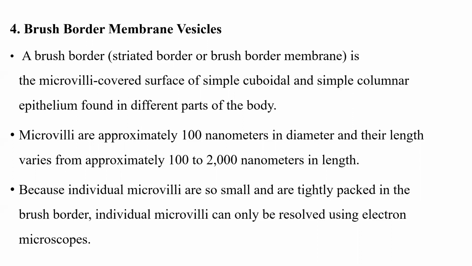A single microvillus is approximately 100 nanometers in diameter, and its length varies from approximately 100 to 2000 nanometers. Because the individual microvilli are very small, they are tightly packed in a brush border. Individual microvilli can also be resolved using an electron microscope.